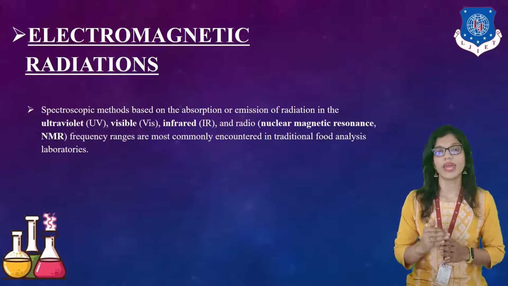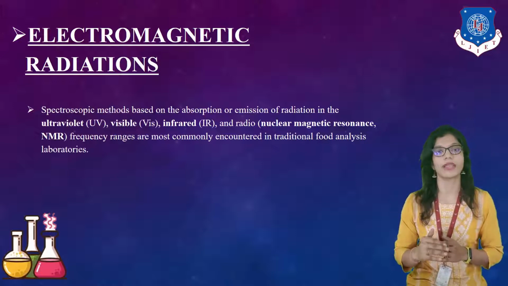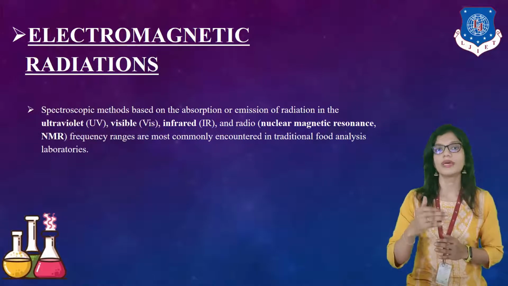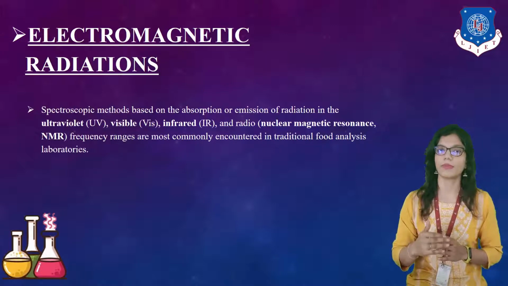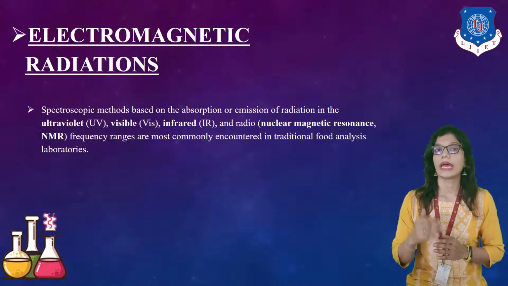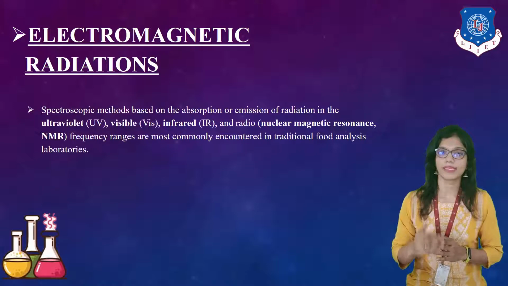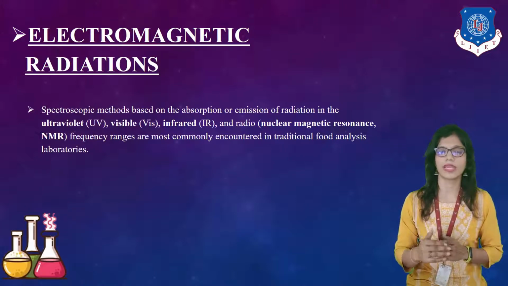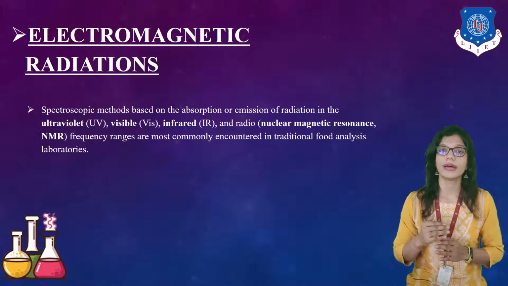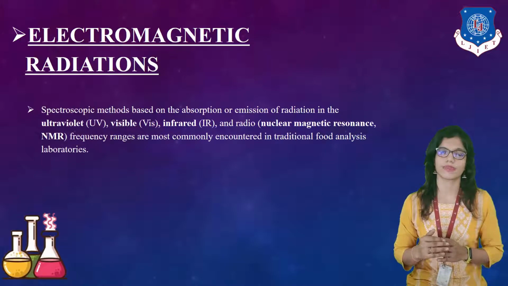When we get any kind of sample for analysis, we have to do the preliminary examination of that sample, like its state, its color, how it behaves with other chemicals, etc. After doing that kind of examination, we have to do certain kinds of instrumental analysis.